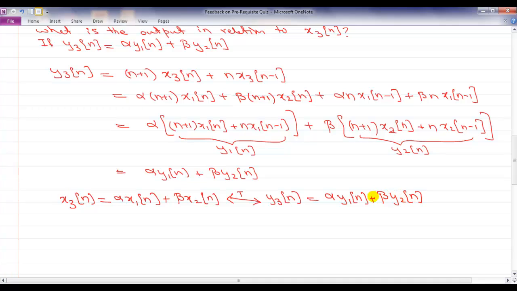Both the approaches were acceptable to me in the quiz, and regardless of how one did it, I gave them complete 1 point for that.